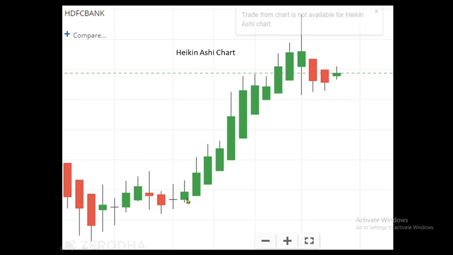There is a bullish candle where the entire body is filled with green and there is a top wick, and there is a bearish candle where the entire body is red and there is a wick on the bottom. Only these three candles form in the Heikin-Ashi chart. This is the important thing, where we can make successful strategies.